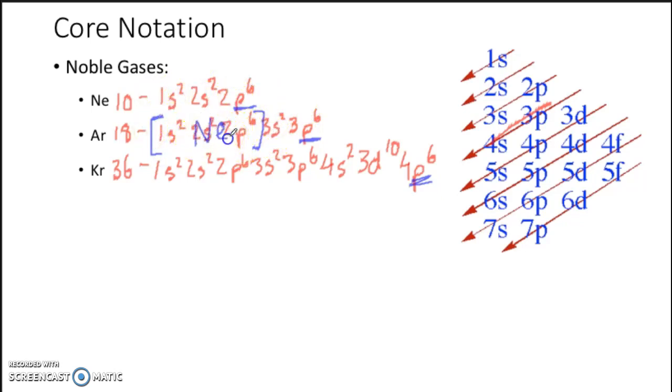So what I want you to notice is that I was already kind of doing this, but argon has neon right there in the middle of it, right? That's neon. It's right there. And I can put neon in brackets, and that's going to store those 10 electrons. Then I can just figure out from there and do 3s2, 3p6. Or here with krypton, I see argon right there, and I can say, well, argon in brackets stores my first 18 electrons.